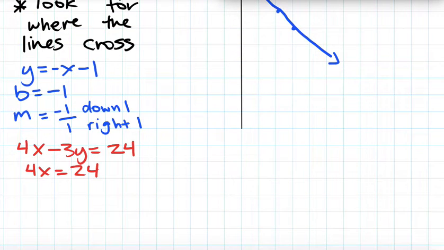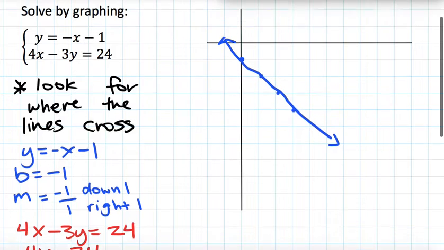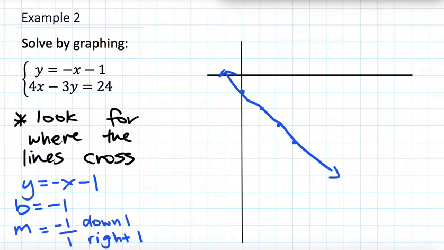Then I'm going to divide both sides by 4. And that gives me x equals 6. So remember, what I do with that is I plot 6 on the x-axis here, which is right there.